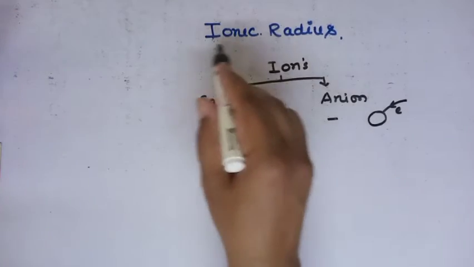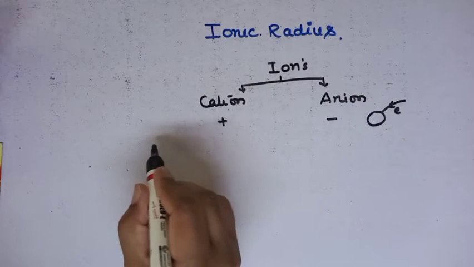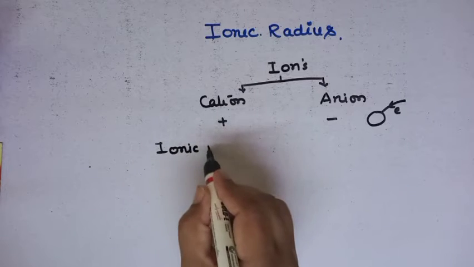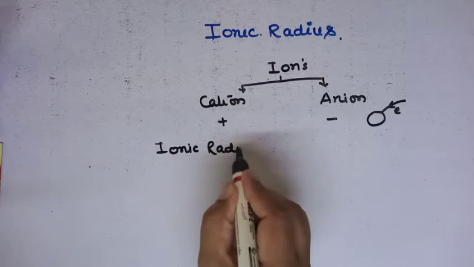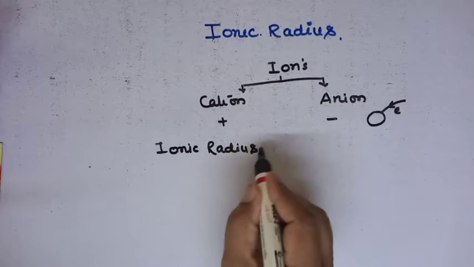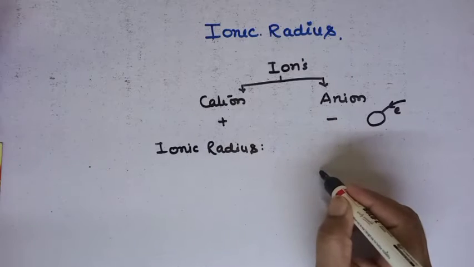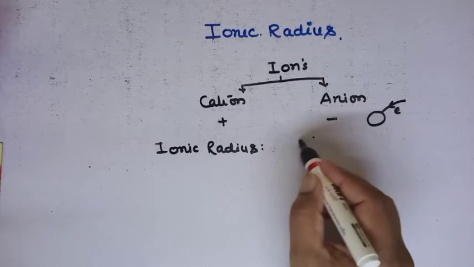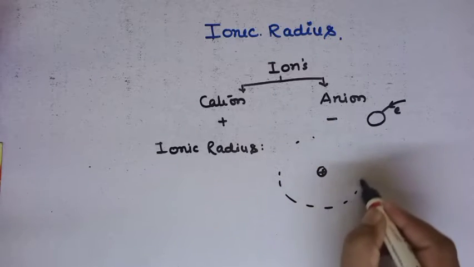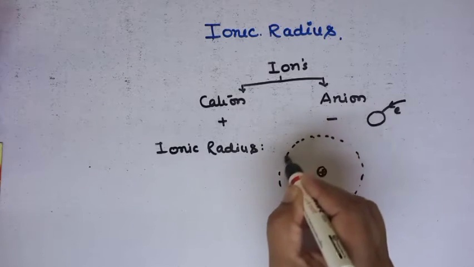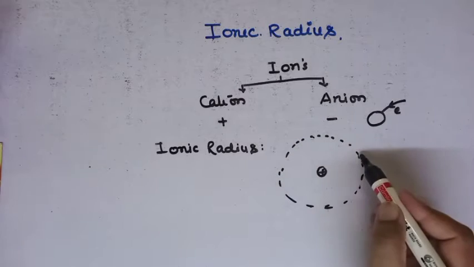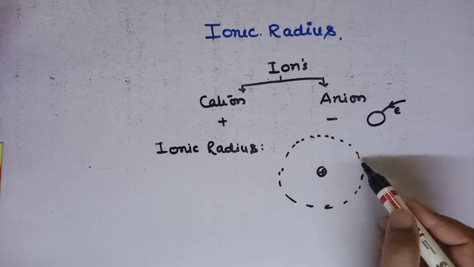Now, what is the meaning of their radius? What is ionic radius? जैसा बच्चों हमने पढ़ा एटॉमिक रेडियस में कि जो रेडियस है दैट इज द डिस्टेंस फ्रॉम द न्यूक्लियस to the valence shell where the electrons are present. ये वो outermost shell है जहां इलेक्ट्रॉन प्रेजेंट हैं.